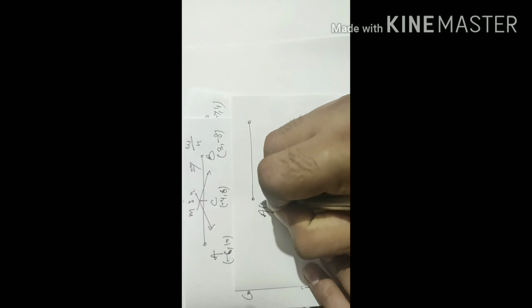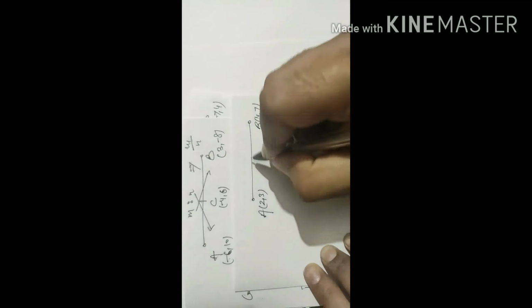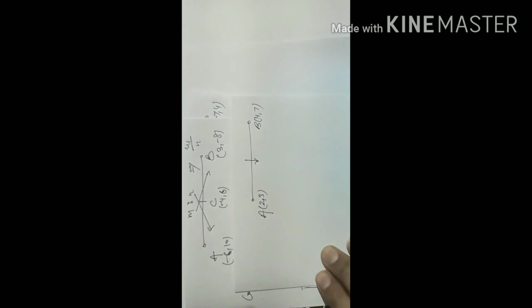One more point we are going to discuss is the midpoint formula. What is the midpoint formula? Suppose we have a line segment with A (2, 3) and B (4, 7). Midpoint means the point lies in the center of the line segment, where the left hand side and right hand side are equal, meaning 1 share each.